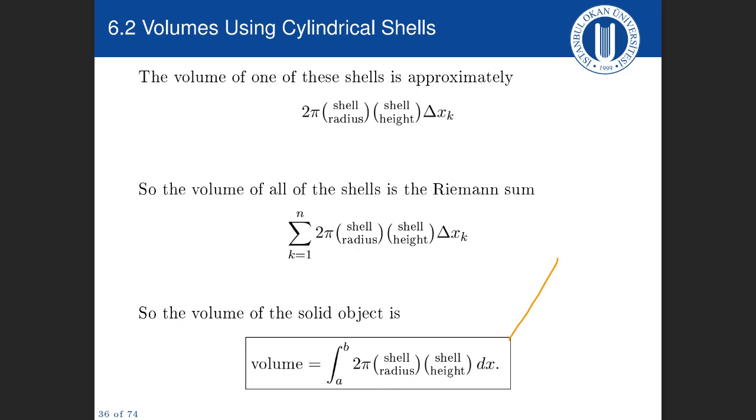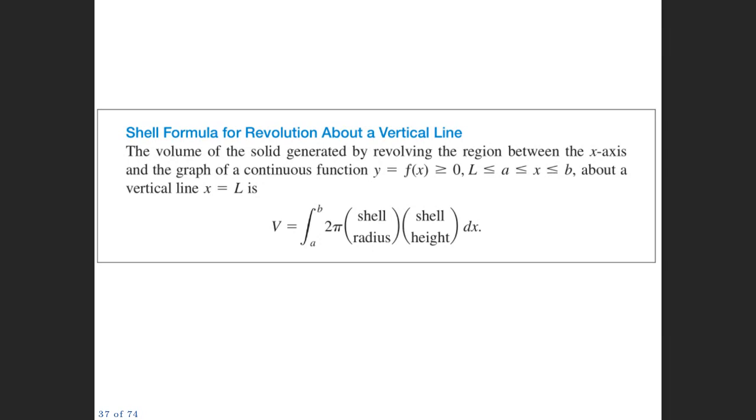Now, you don't need to learn how I created this formula. You just need to know how to use this formula. From your book, the volume of the solid generated by revolving the region between the x-axis and the graph of a continuous function y equal to f of x, which is greater than or equal to 0, for L less than or equal to a, less than or equal to x, less than or equal to b, about a vertical line x equal to L is the formula: volume is the integral from a to b, 2 pi, shell radius, shell height, dx.